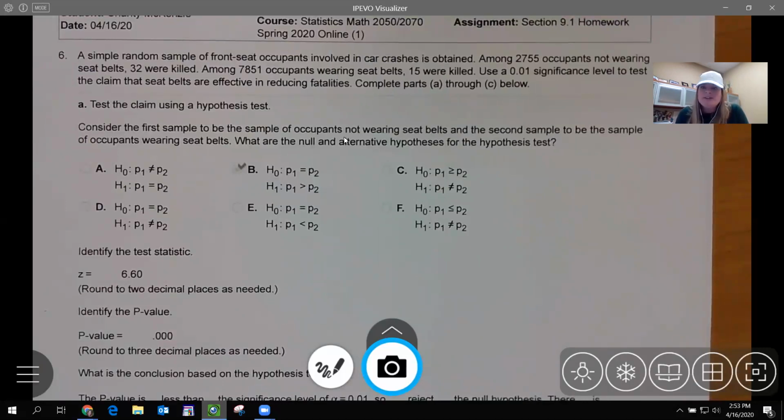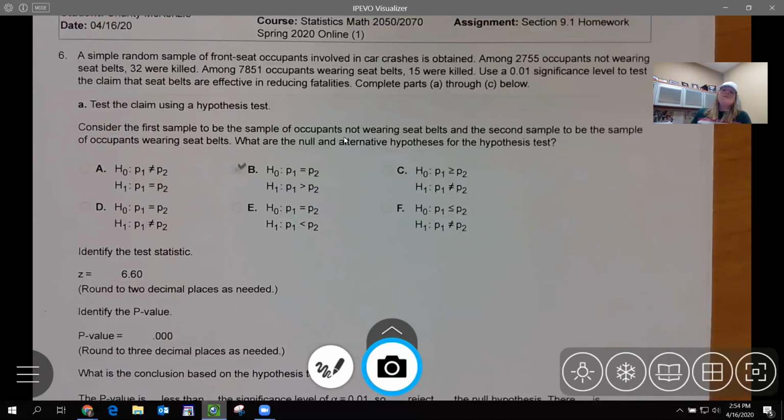Among 2,755 occupants not wearing their seatbelt, 32 were killed. Among 7,851 occupants wearing seatbelts, only 15 were killed. Use the significance level of 0.01 to test the claim that seatbelts are effective in reducing fatalities.